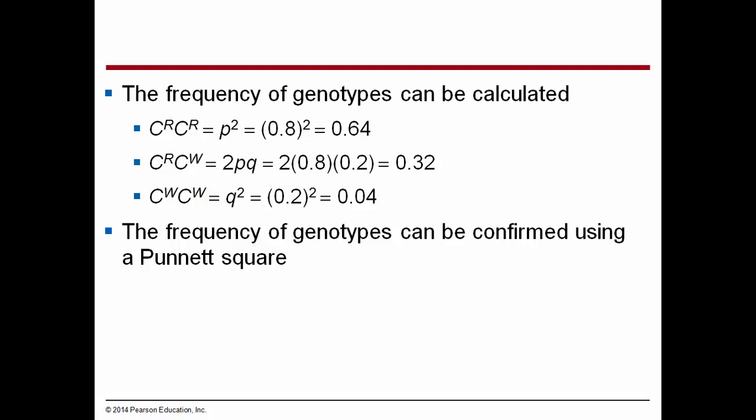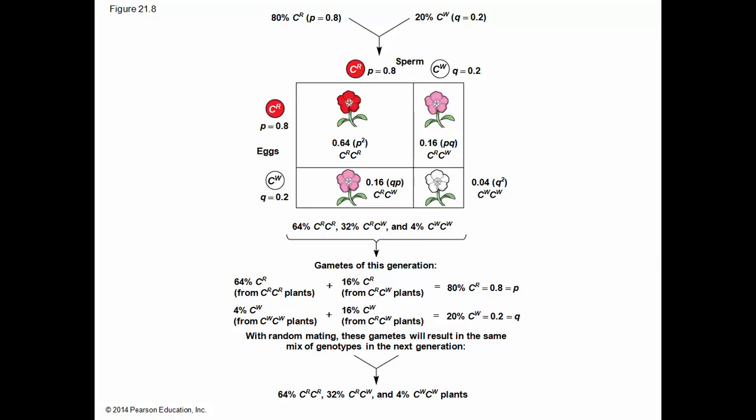Heterozygous, 2PQ equals 2 times 0.8 times 0.2 equals 0.32, and homozygous recessive, Q squared equals 0.2 squared equals 0.04. The frequencies of the genotypes can be confirmed using a Punnett square.